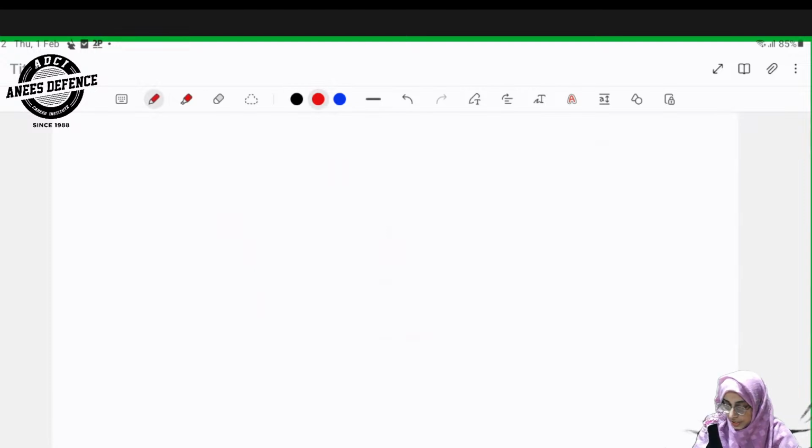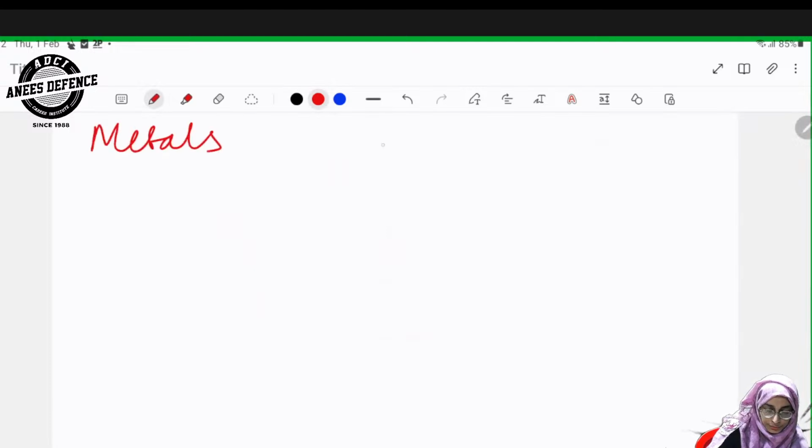Now we'll quickly see some differences between metals, non-metals, and metalloids.